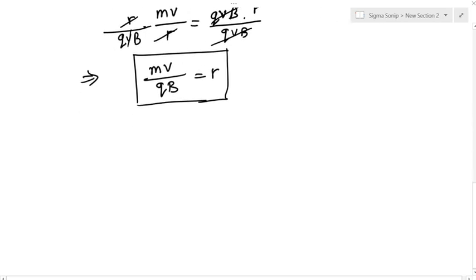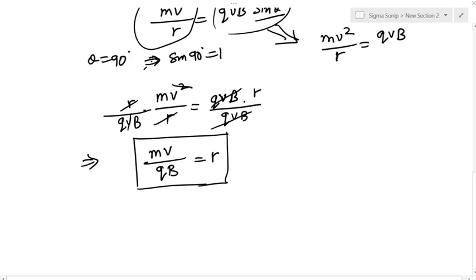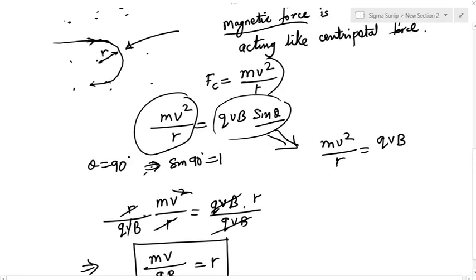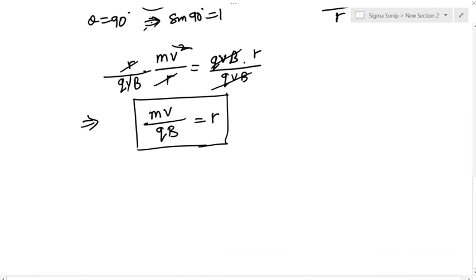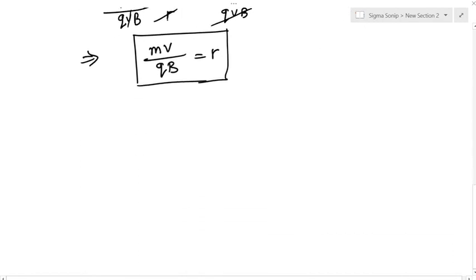Now, how do we find the direction of this force? We just discussed that force is equal to F equals QVB sine theta. But how do you find the direction? Here we use the same right hand palm rule, but always keep in mind that we are talking about instantaneous velocity at a particular point.